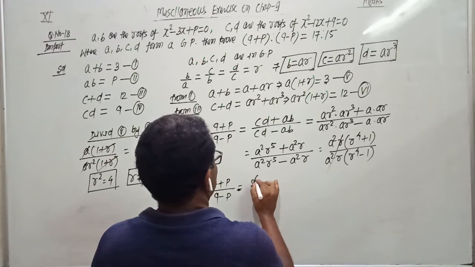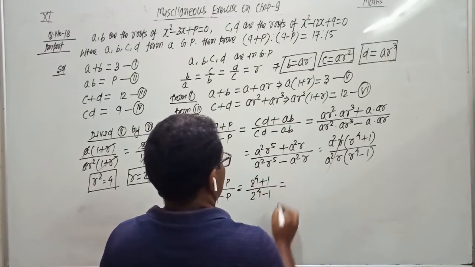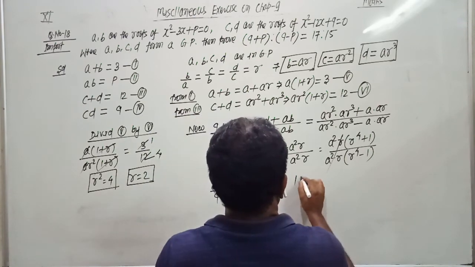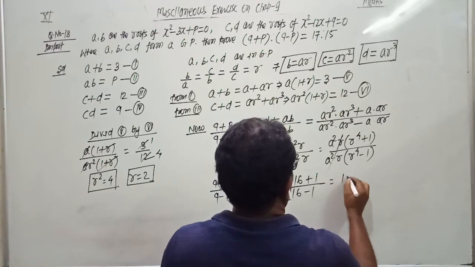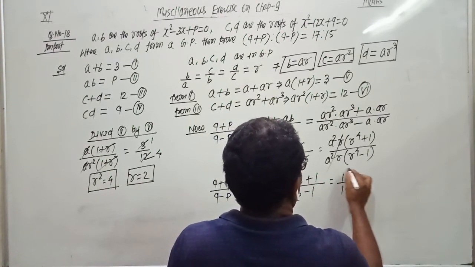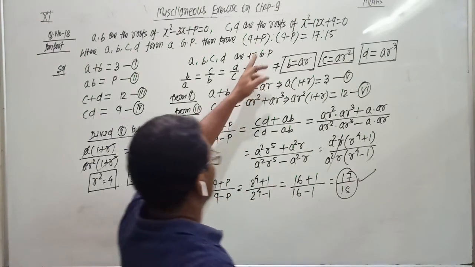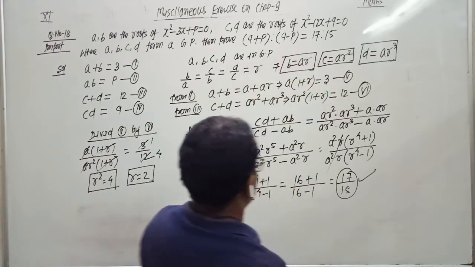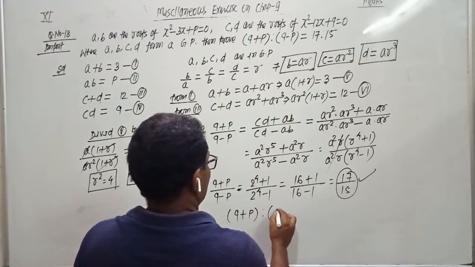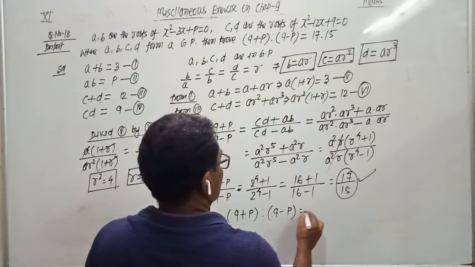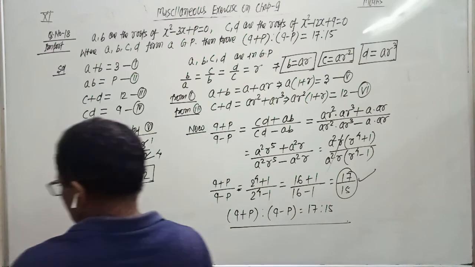So 2 raised to the power 4 plus 1 upon 2 raised to the power 4 minus 1. So 2 raised to the power 4, 16 plus 1, and this is 16 minus 1, which we get 17 upon 15. Then we write in this way, Q plus P ratio Q minus P equals to 17 ratio 15. This we have to prove.